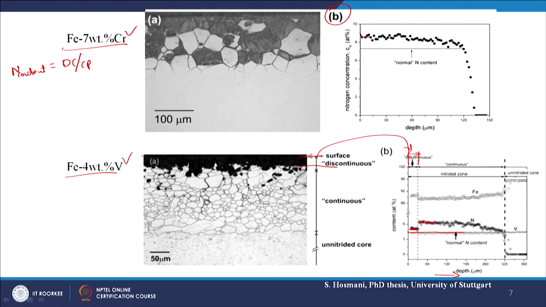This entire region is continuous precipitation, but it is still higher, that means excess nitrogen capacity has reduced here. And that can be understood based on the coarsening of the precipitates. When you have precipitate coarsening, you actually reduce the overall precipitate matrix interfacial area, and that will reduce the amount of nitrogen which can be taken up.